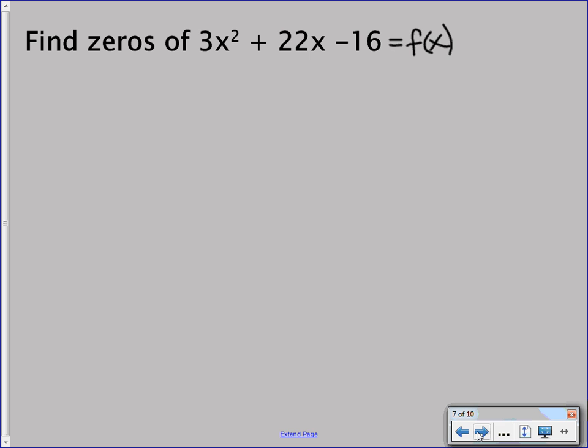So if we were given an equation, what should we do? Solve. Factor. Before we do any of that, 0. We're finding zeros, so we should do something with 0. Our y value, or our f of x value, needs to be 0. Okay, now from here, since this is a trinomial, what should we do? We should factor.